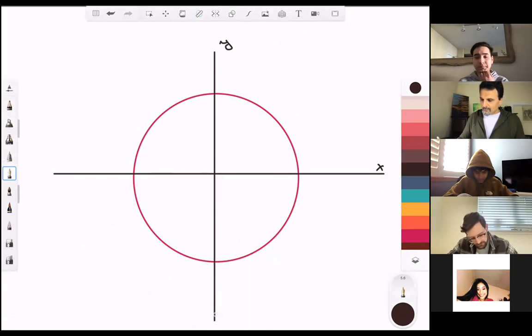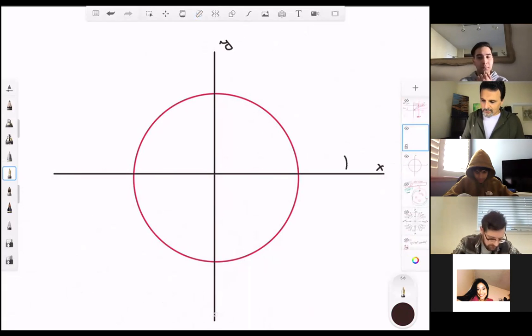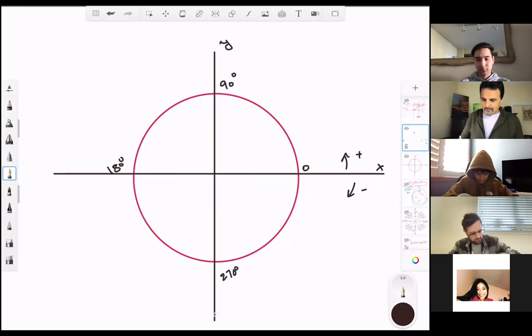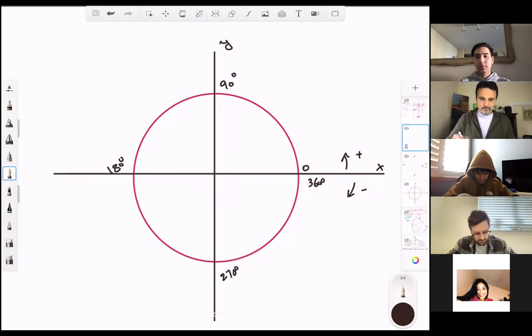This direction is plus, the other direction is negative. We go from 0, 90 degrees, 180, 270, and 360 degrees. Then we learned about a tangent line.